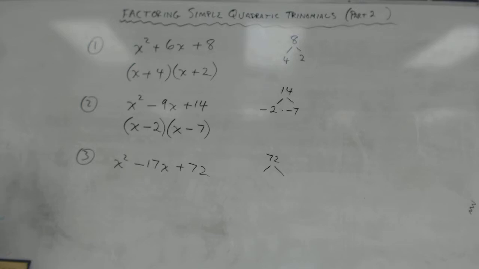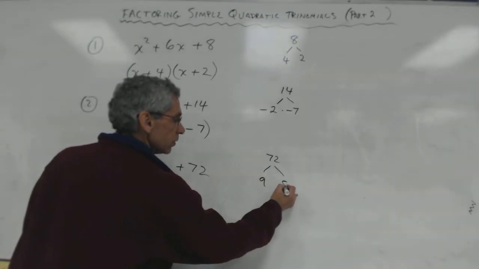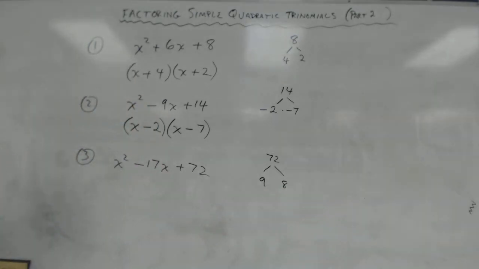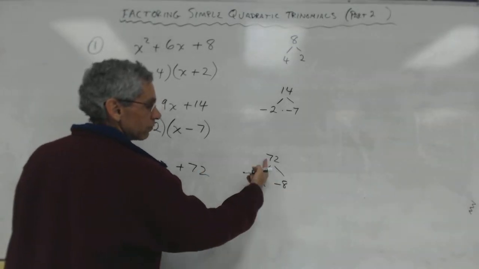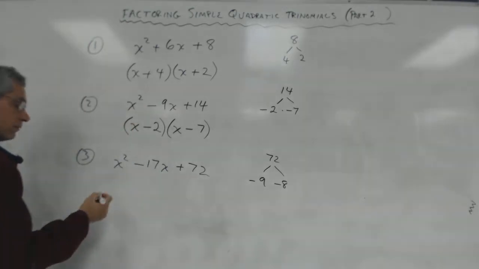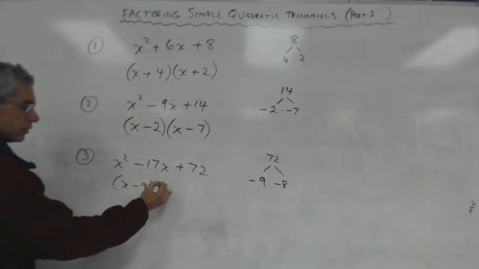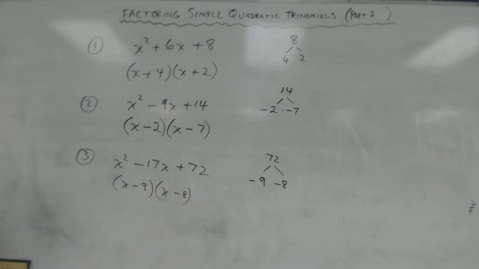How about 9 times 8? What is 9 plus 8? 17. Oh, we need it to be negative. So both of them are negative. That would still give me a positive 72 and a negative 17. So my final answer is x minus 9 times x minus 8. Good job. Excellent.